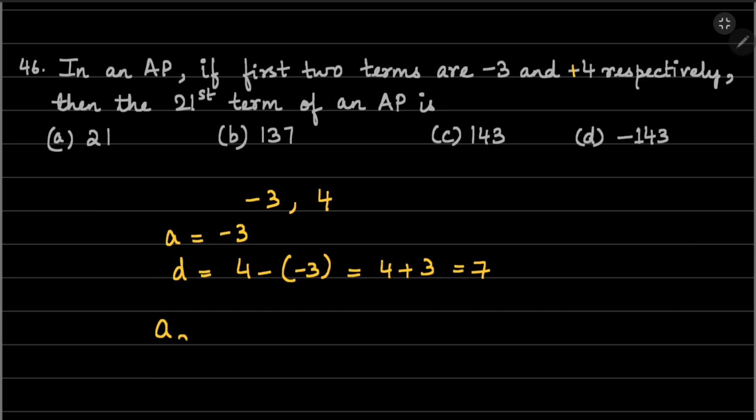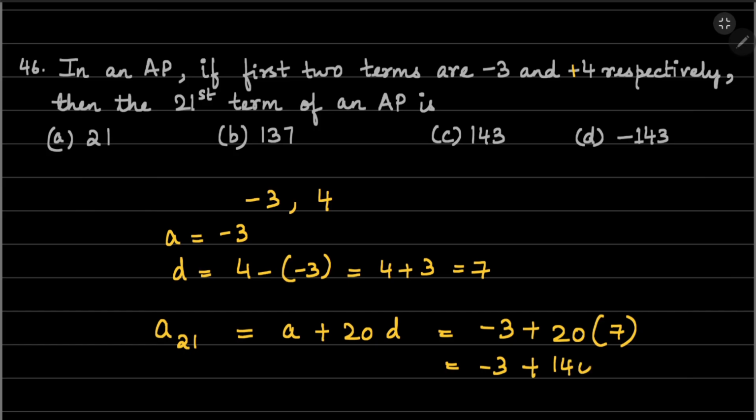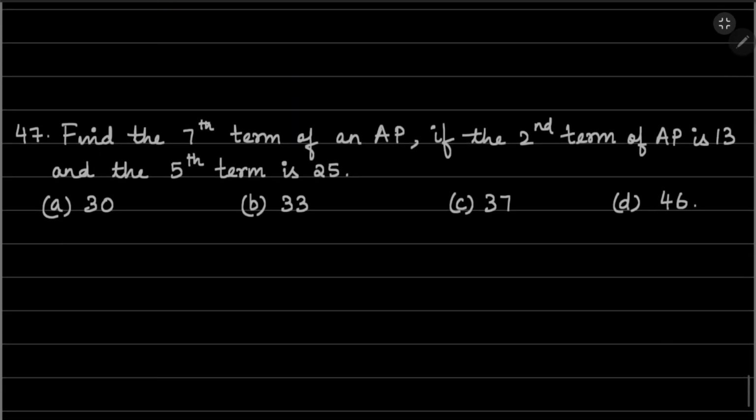You have to find the 21st term. It's equal to a plus 20d. So a is -3 plus 20 into d, which is 7. So -3 plus 140. 140 minus 3 is 137. Okay, option number B. Let's move on to the next question.